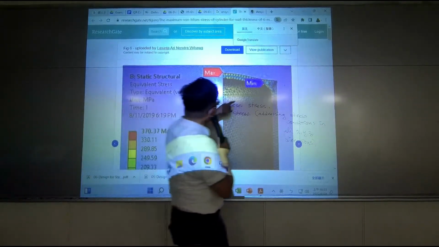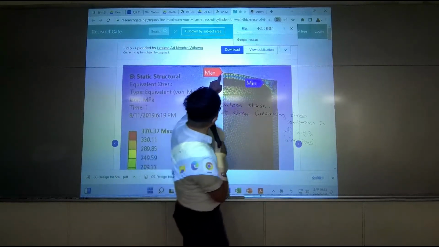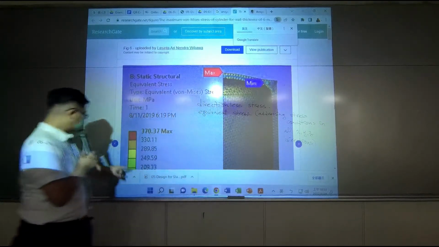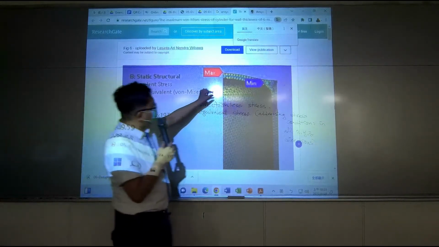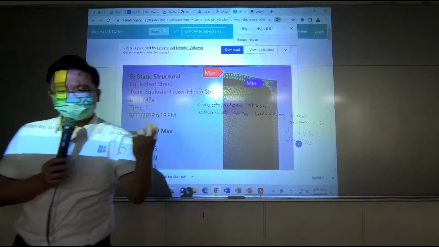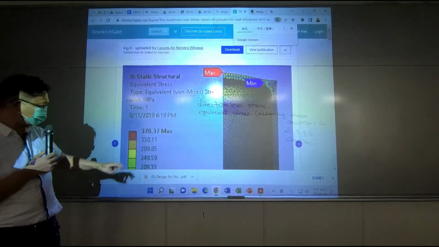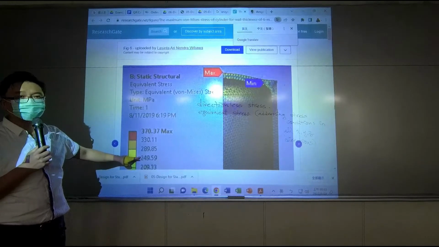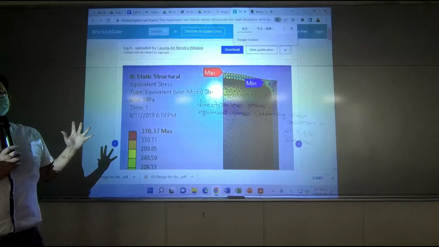So when you see, for example, there's no red. For example, here's a yellow, and let's say yellow right here. So what does it mean when you see a material has a yellow color? That means that yellow element is under an equivalent stress of 250 megapascal, but we have no idea what the direction of it is.